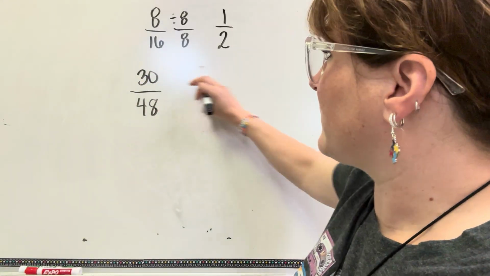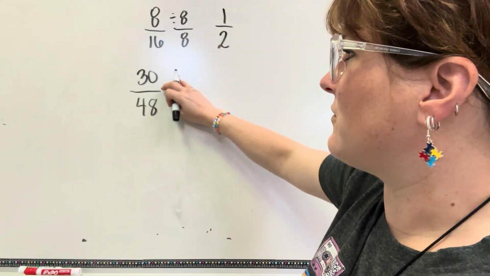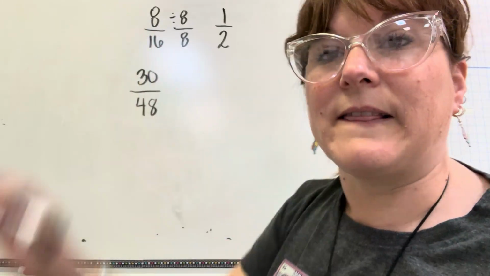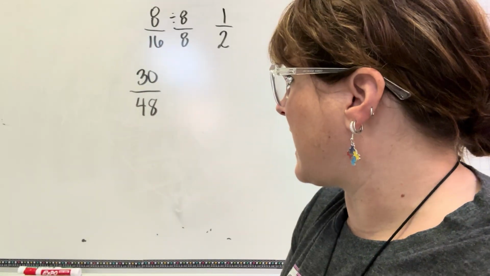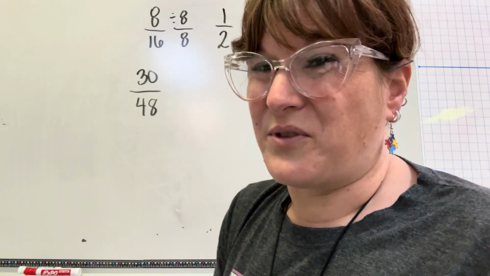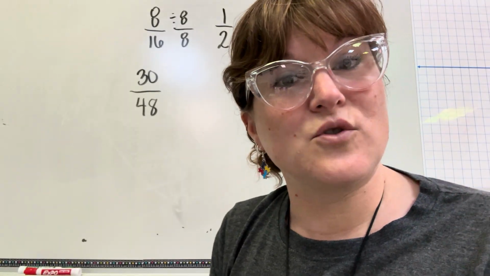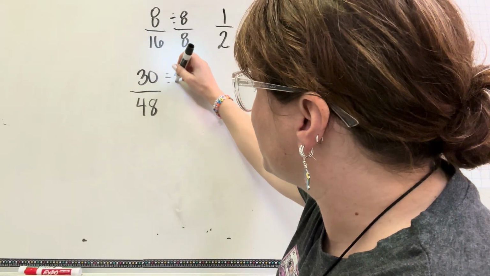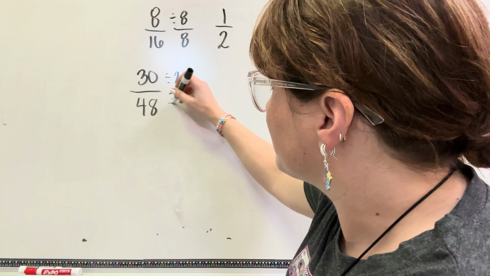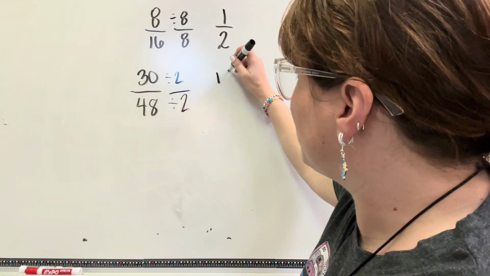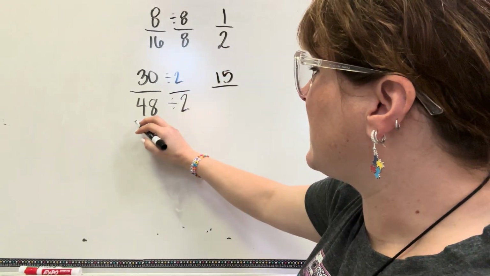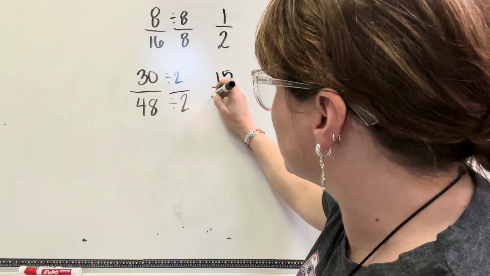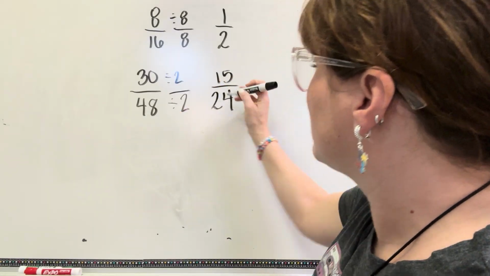In this case over here, 30 over 48. Let's take this approach. They're both even. So let's try and divide them by 2. That's going to be 15. And that is going to be, let's see here, 2 goes into that twice, 4.